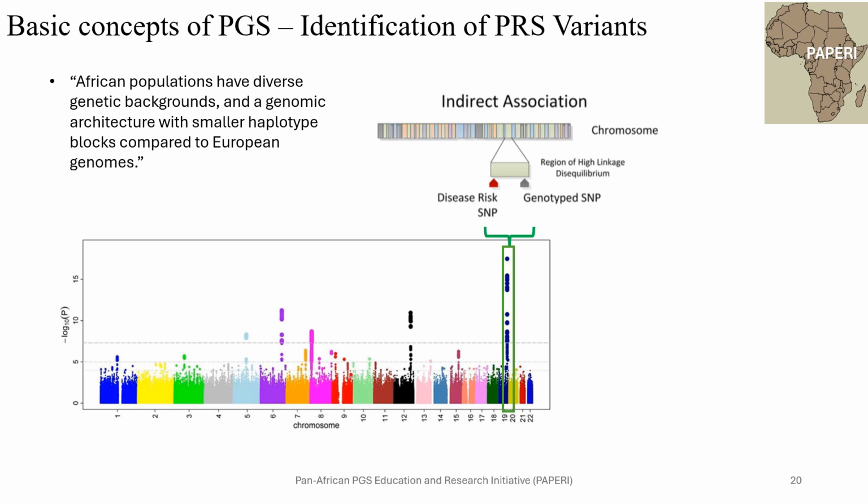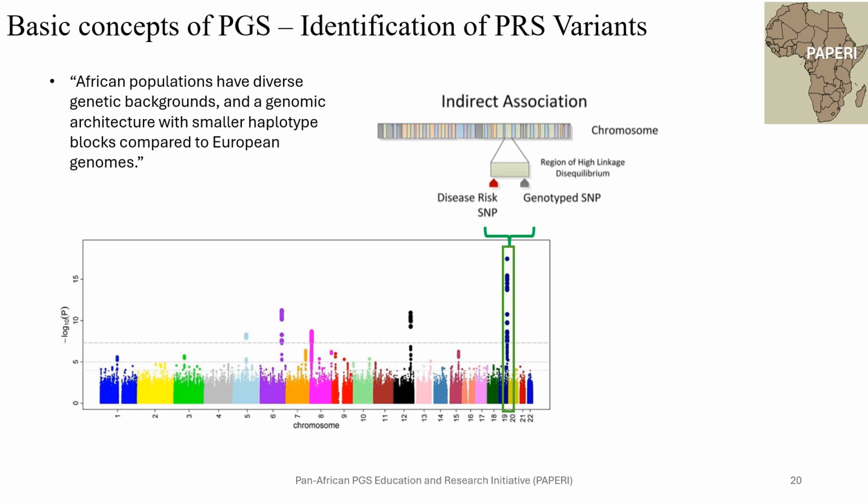Just to go into a little more detail as to why this drop-off in performance occurs as the populations' genetic similarity changes: remember, in the creation of the polygenic risk score, we have our actual causal SNP, where variation in that causal SNP results in a higher or lower disease risk.